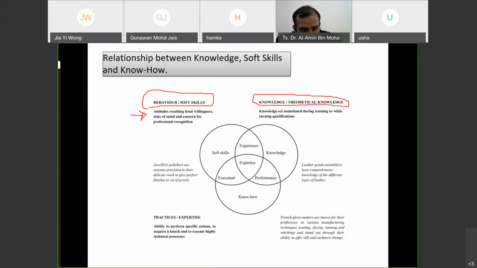This is practices, or the expertise. When soft skills, knowledge, and know-how come together, it is called your expertise. So your company's expertise: because you have your skills, you have your knowledge, and you know how to do what to do, you can perform the measurement.